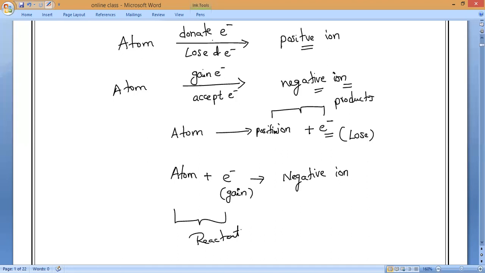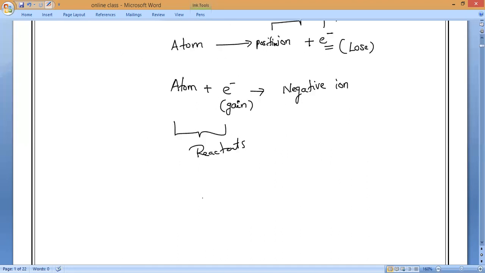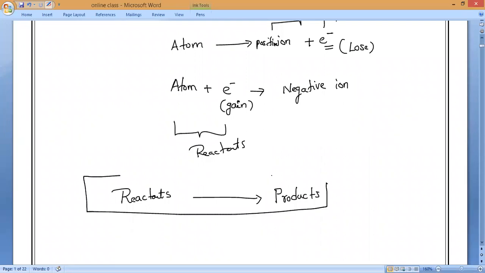So in any kind of chemical reaction, we have two things. One is before the arrow, indicating the process is going on. Before the arrow, we call them reactants. After the reaction, we call them products.